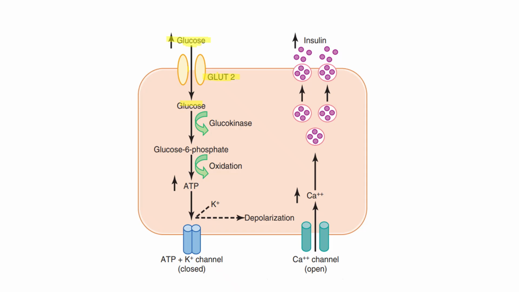The glucose is phosphorylated inside the cell by the enzyme glucokinase. This phosphorylation results in the form of glucose 6 phosphate.